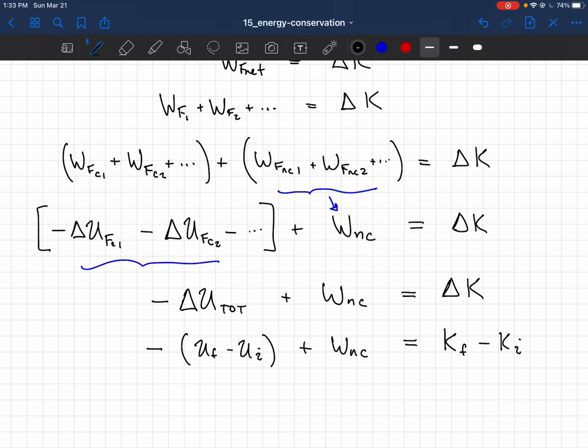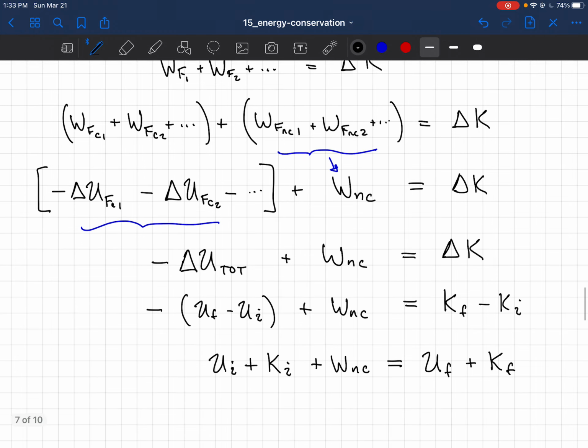On the left-hand side, I have plus U initial. I can add kinetic initial to both sides, so I have plus kinetic initial. The work non-conservative is on that same left-hand side. And then on the right-hand side, I have kinetic final, but I also have U final added over there, plus kinetic final.